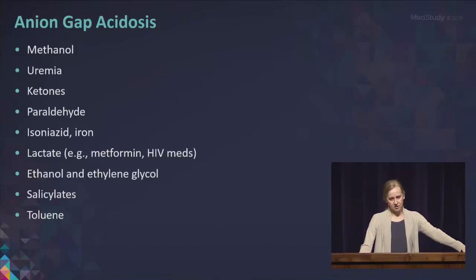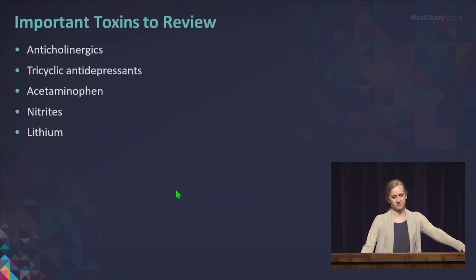And then when we have this anion gap metabolic acidosis, there's a way to remember what can be the causes of it, right? This is something called MUDPILES, the mnemonic we often talk about. So methanol, uremia, ketones or diabetic ketoacidosis, paraldehyde, isoniazid or iron, lactate, which can be from metformin, HIV meds, sepsis, mesenteric ischemia, ethanol or ethylene glycol, salicylates, and toluene.